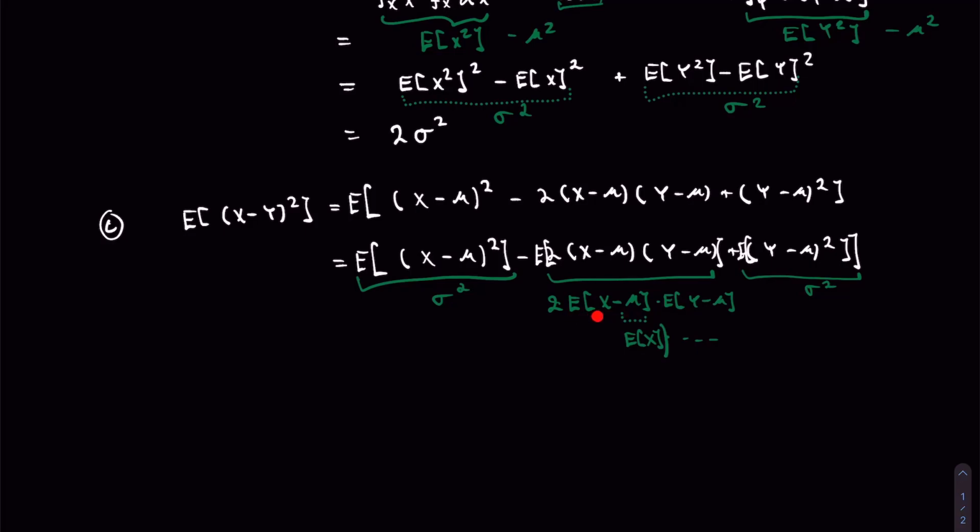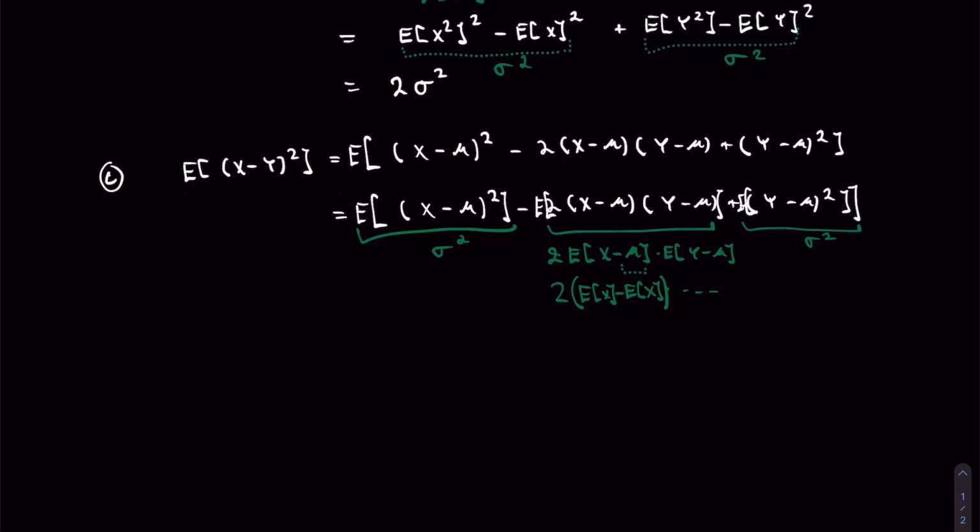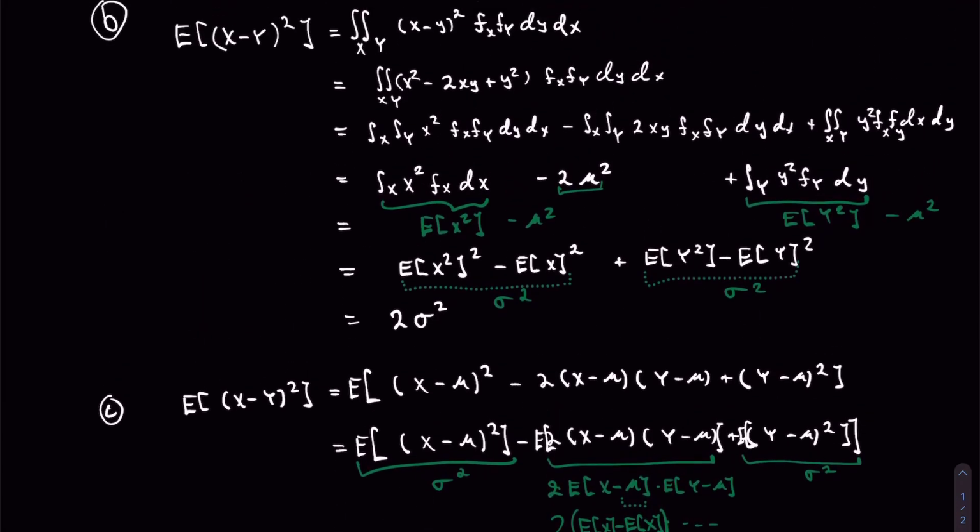So we take in the expectation over x, and mu is just a constant. We have expectation of x minus expectation of x, and that is 0. So we end up with 2 sigma squared, which is what we were asked to show.